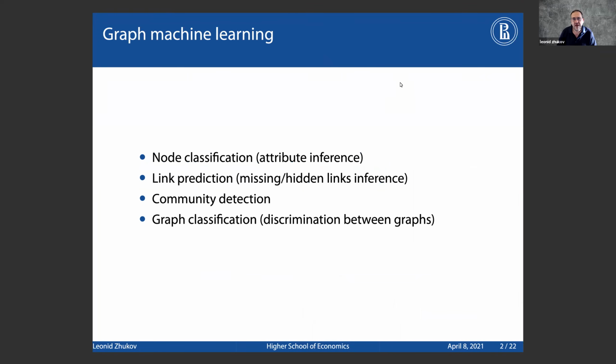So when you think about machine learning methods, there are a few things you could try to predict when you're on a graph, right? On a graph's structure. So one thing is, for example, you can think of node classification or node type of regression. So when you have particular attributes associated with nodes, and you want to infer the values for the attributes for the unknown nodes.